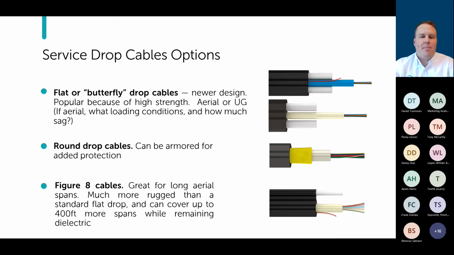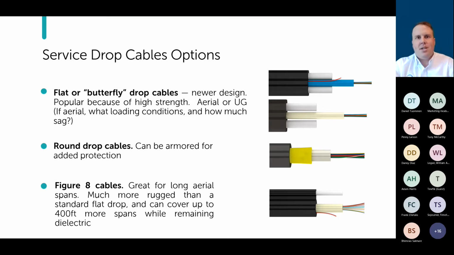A third option, which I'm starting to see a lot more growth in, is figure-8 cables. These are great because they cover much longer spans than your standard drop cable. With standard drop cable, you're typically anywhere between 90 to maybe 140 feet, depending on loading conditions. With figure-8 cable, you can go up to 400 feet plus, depending on your load ratings.